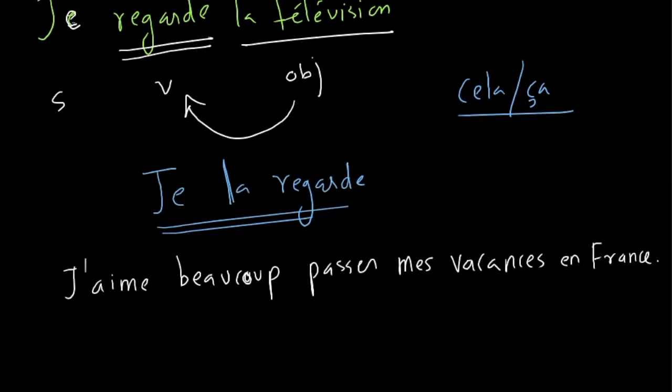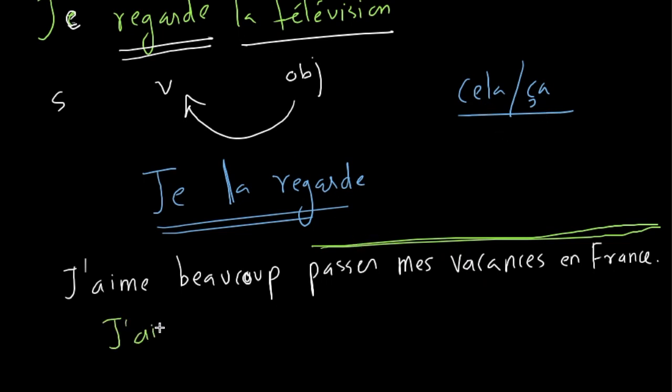J'aime beaucoup cela. Here, what's the direct object? The direct object is this whole concept, idea, to spend the vacations in France. Now, you cannot assign a gender to this. This is an idea. So you will replace this with the pronoun cela in writing.